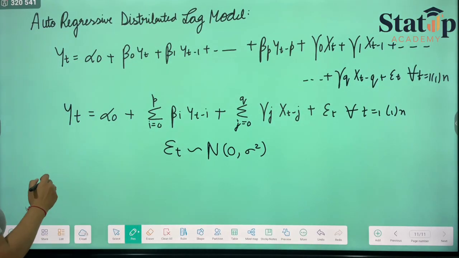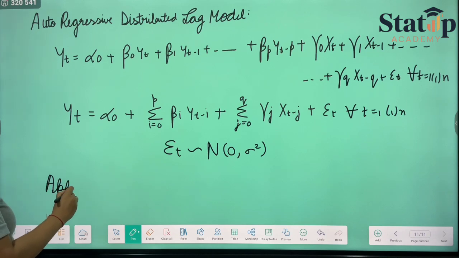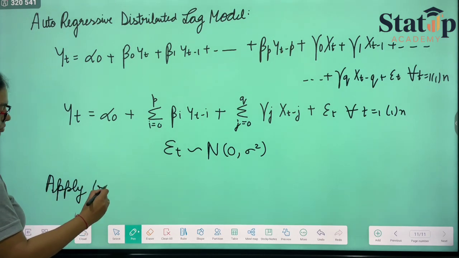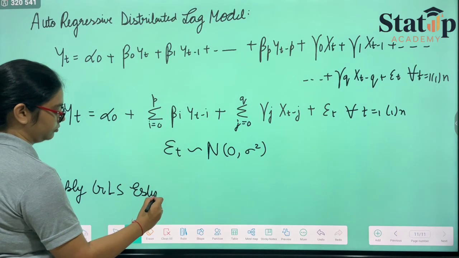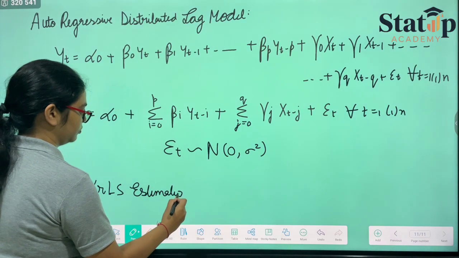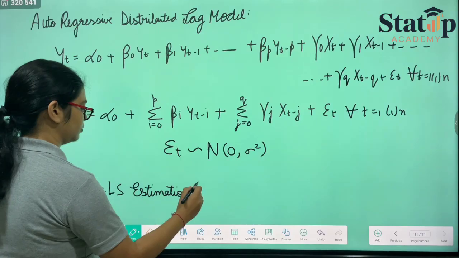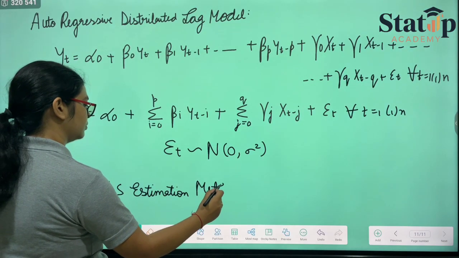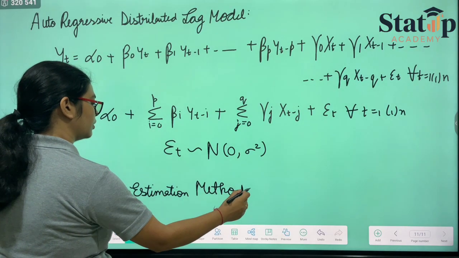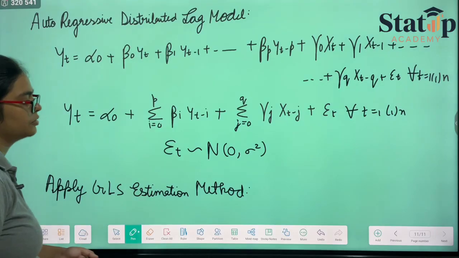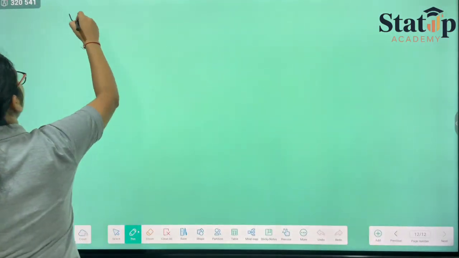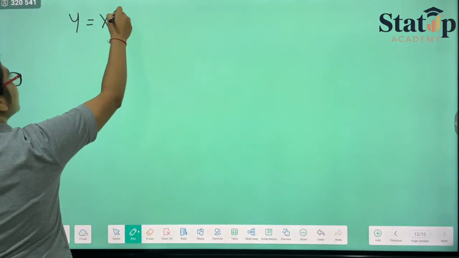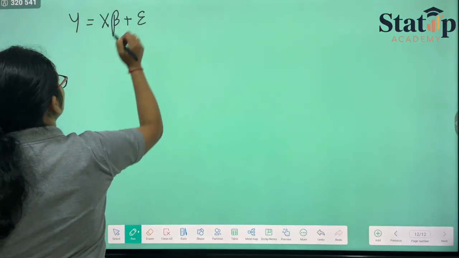Now again we will apply the GLS estimation method. We will consider this model as nothing but y equals X beta plus epsilon.